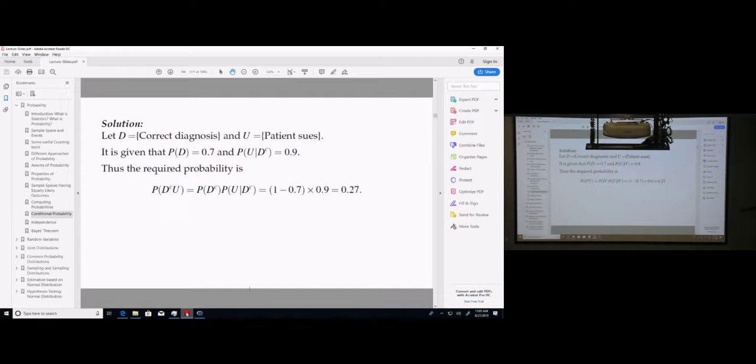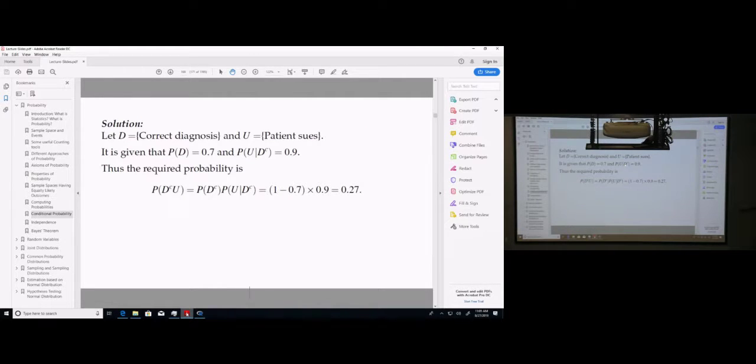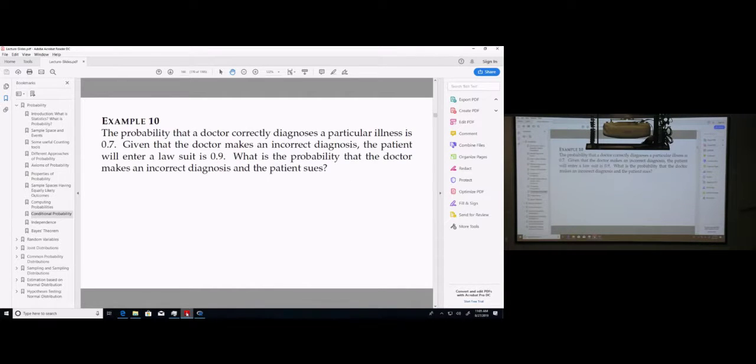But it has to be done in a sequential manner. It is given that the probability of D is equal to 0.7, and also the probability that, given that the doctor has made an incorrect diagnosis, the patient sues is this probability. So the probability that we are interested in is that the doctor makes an incorrect diagnosis and the patient sues.